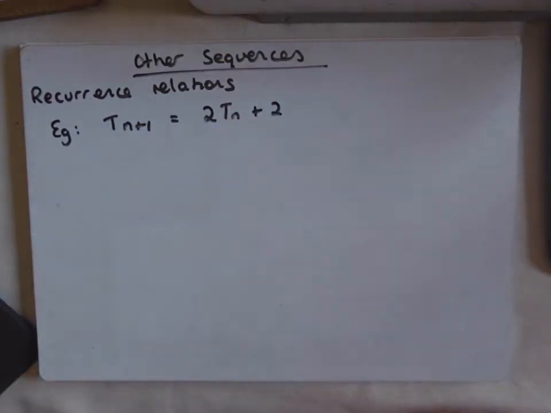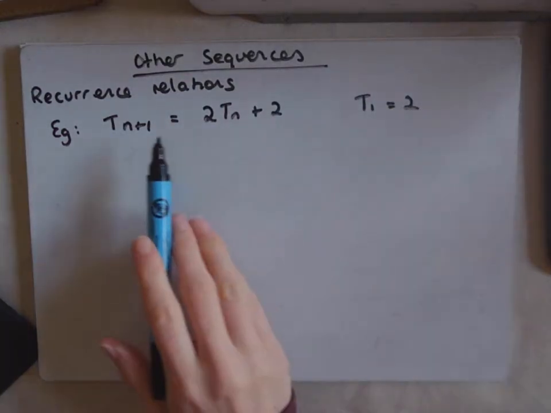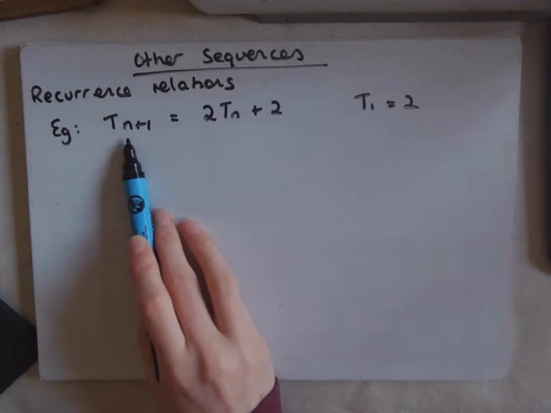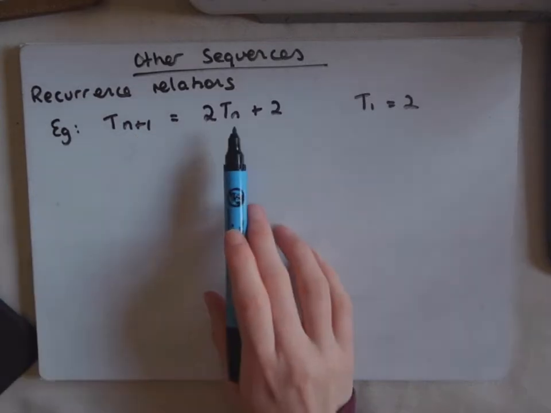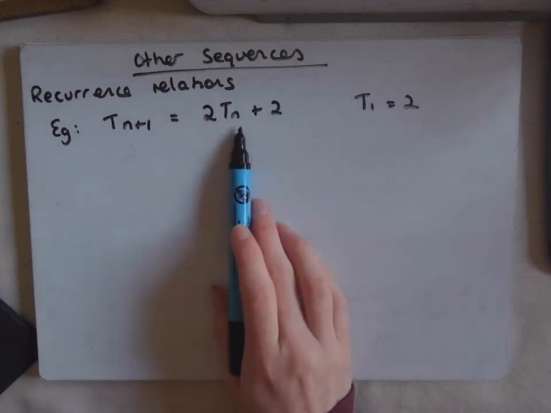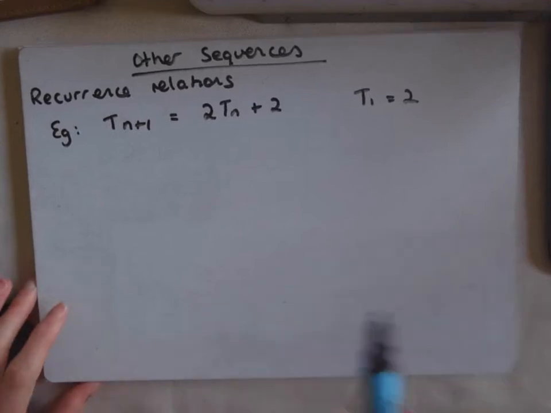And then they'd have to tell you maybe that t1 is 2. And then you can find t2. When n is 1, it would be 1 plus 1, so that would give you t2. And anywhere here you have n, you're putting in 1, so it would be 2 times t1. So I'll just do an example of a few of those.